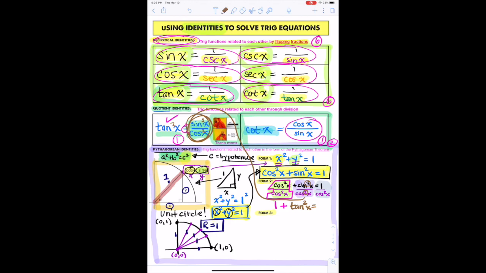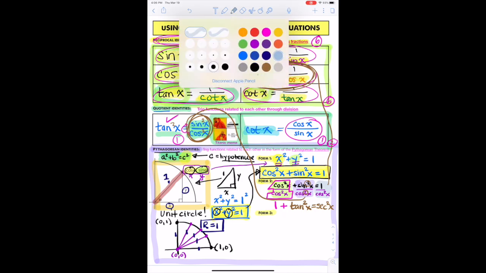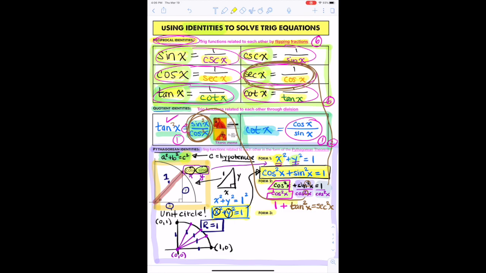Up here, I learned an identity that said 1 divided by cosine is another way of saying secant. So this is just secant squared x. And that is your second Pythagorean identity. Sorry, it kind of looks ugly.